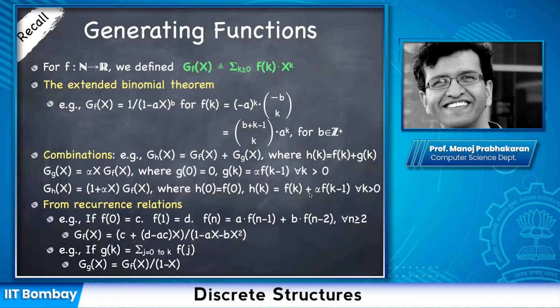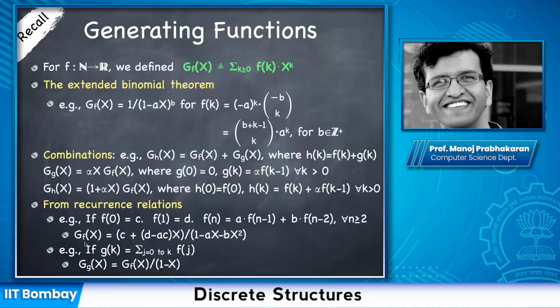But our main source of generating functions, and we'll see some examples today, are from recurrence relations. An example is a class of recurrence relations, of which the Fibonacci series is an instance with a and b equal to 1.